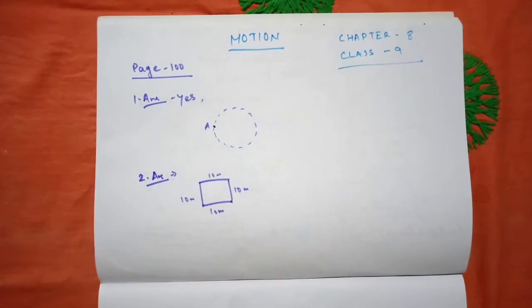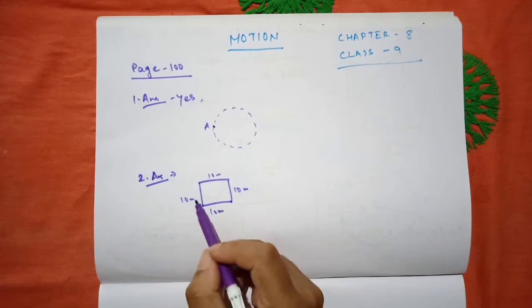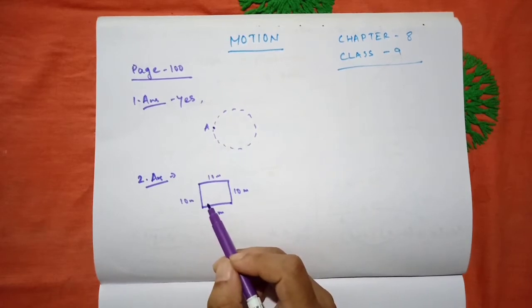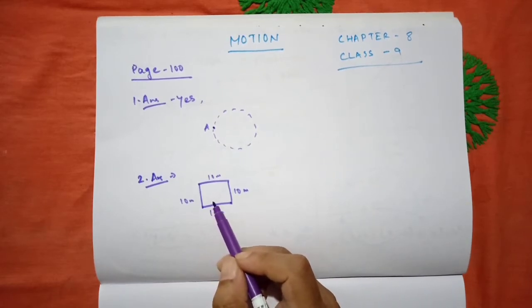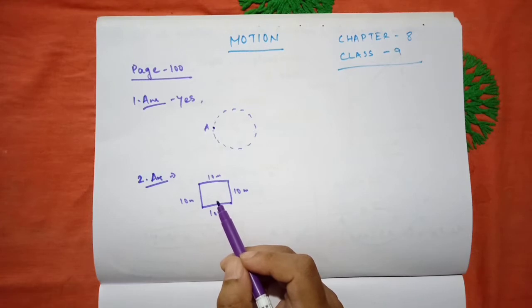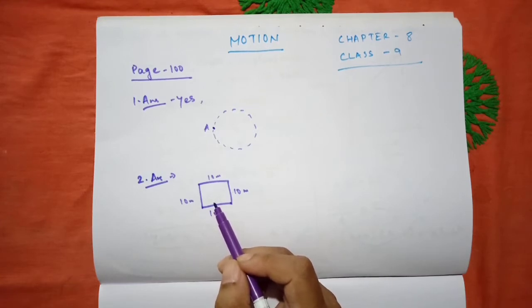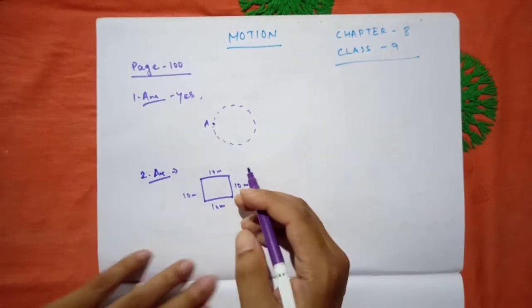The farmer moves along the boundary in 40 seconds, he completes the full round in 40 seconds. What will be the magnitude of displacement of the farmer at the end of 2 minutes 20 seconds from his initial position? Now first of all we have to write some given points.